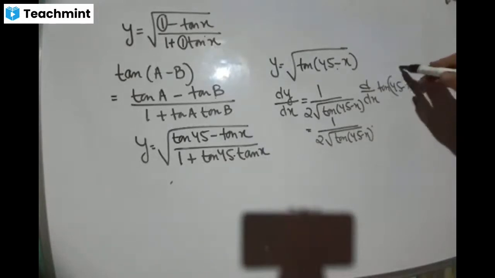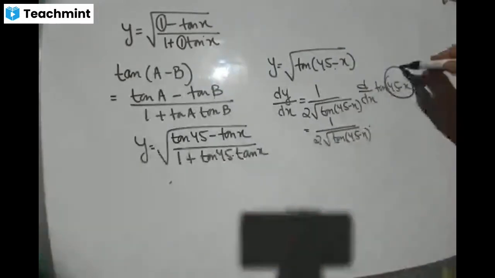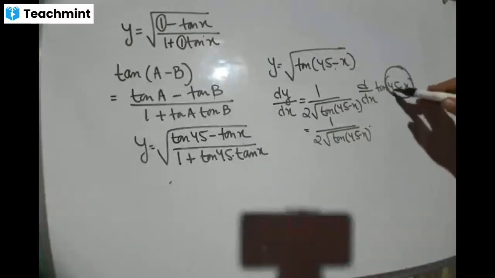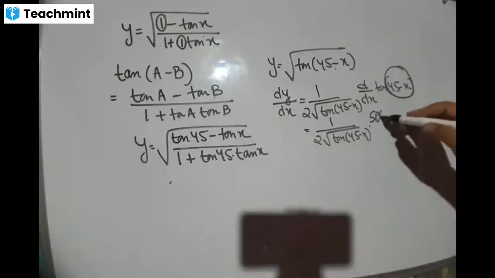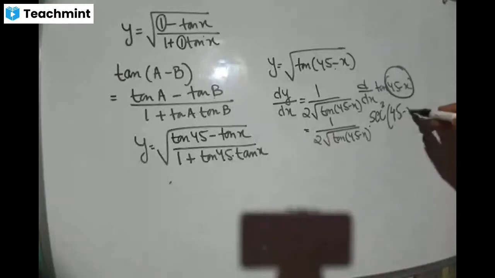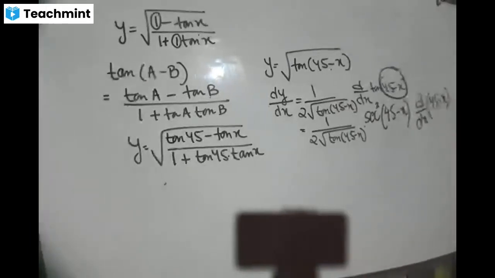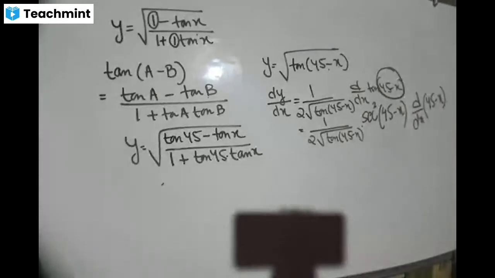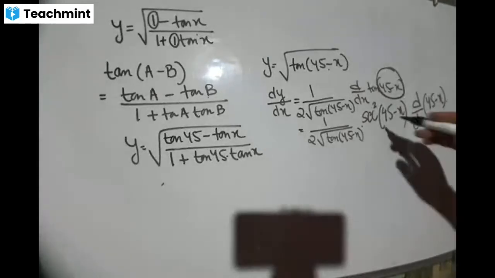So you know that tan should always be with x, so we assume this part as x. So derivative of tan x is sec square x, that is sec square(45 minus x), but this is just an assumption. So d by dx of 45 minus x. So when you simplify this, what will be the end result? So what do you get?